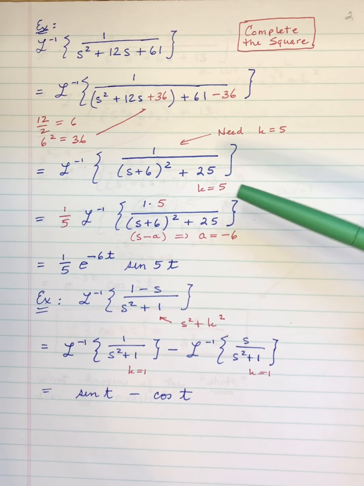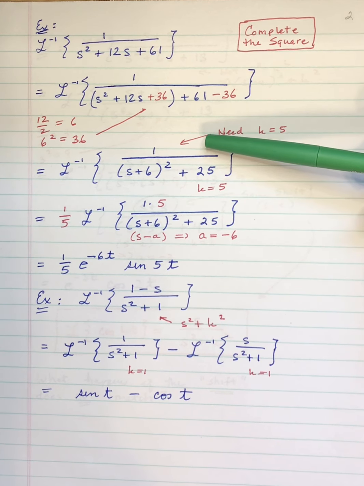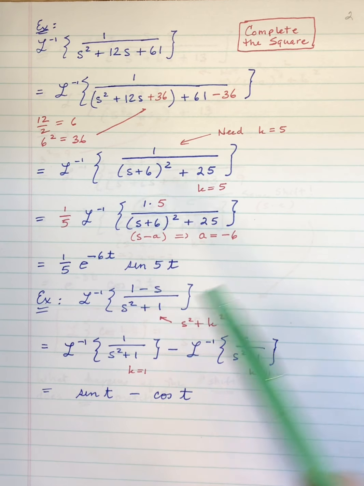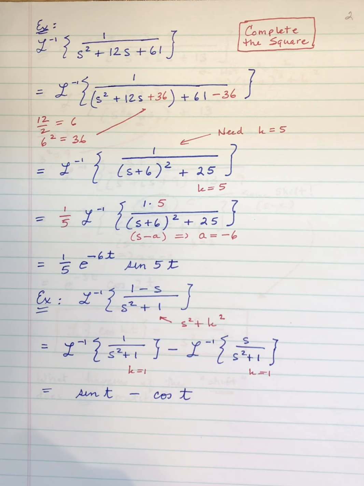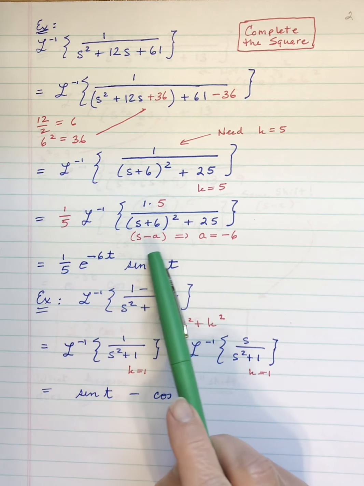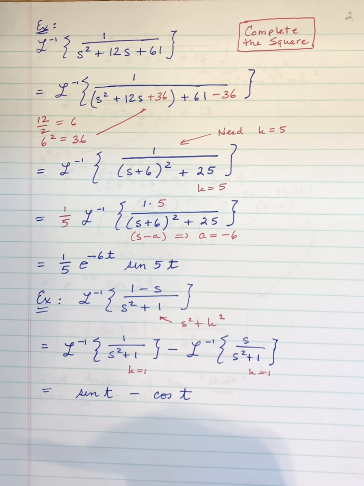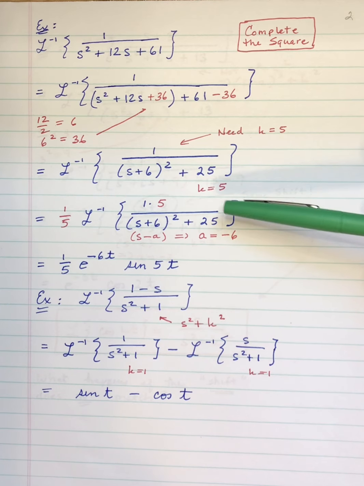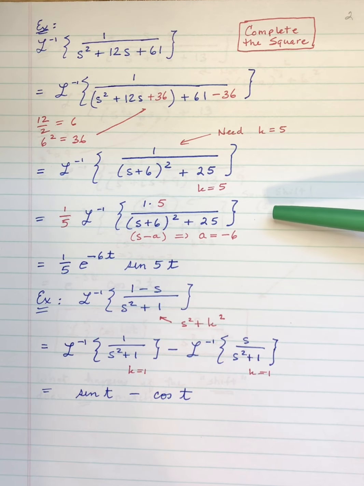All right, now, this time, we have a 25, which is 5 squared, so our k is 5. So we'll need a 5 in the numerator. We'll multiply by 5, divide by 5 in front to cancel those two. Now, our s minus a here tells us that a is negative 6. So we have 5 over s squared plus 25 in the general formula that we're used to working with.